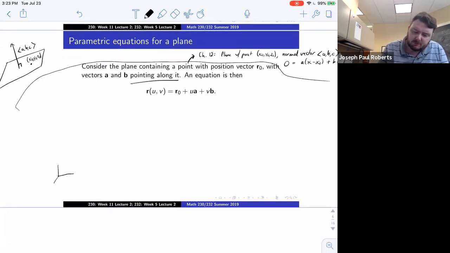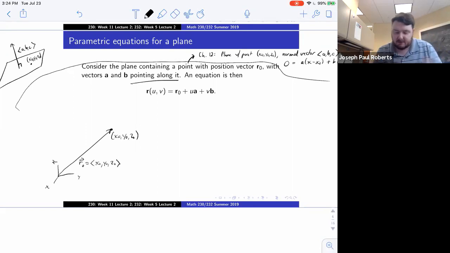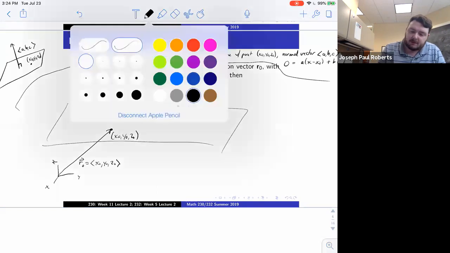To explain that, this is the picture you want to have in mind. Let's say that I know this point here that's at x naught, y naught, z naught. That has position vector x naught, y naught, z naught. Remember, position vector just means you're starting at the origin. So these are my x, y, and z axes, and that point is on the plane. Let's say the plane that I'm looking for looks something like this.